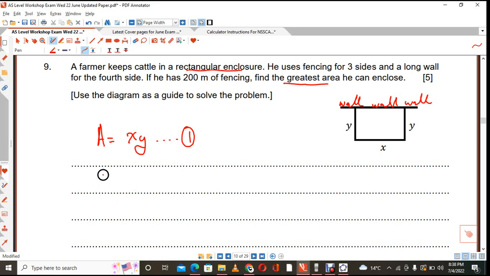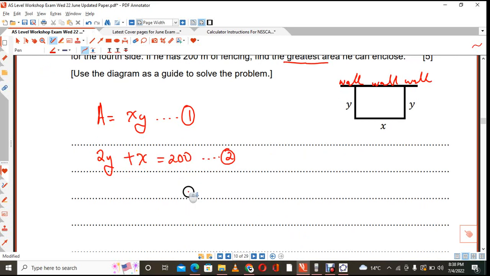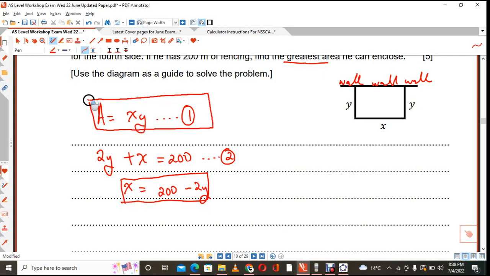The second thing that I know, the perimeter, so I have 2y's plus an x should give me 200. That could be my second equation. Remember, the wall is on the other side, so that's only why I have one x there. Okay. Now, if I make x the subject of the formula here, x will equal 200 minus 2y.